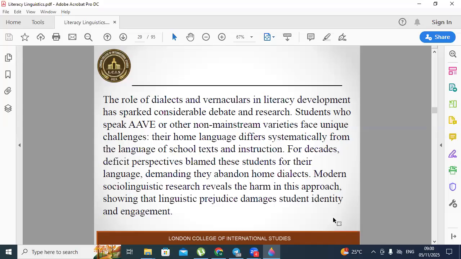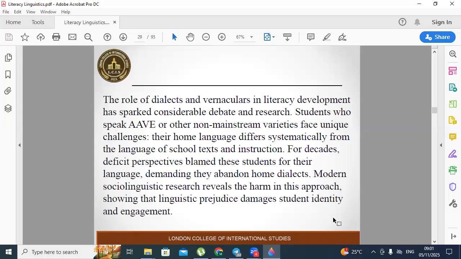Second, it means building bridges between home and school language through contrastive analysis. This involves explicitly teaching how features differ between varieties. For example, in our home language, we might say "she tired," but in school English and in writing, we say "she is tired." Both are correct in their contexts.